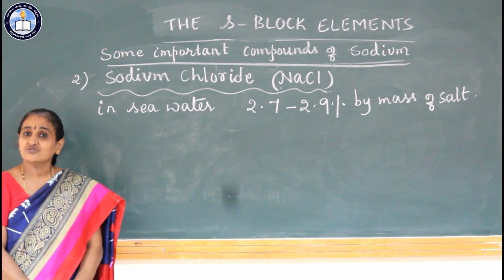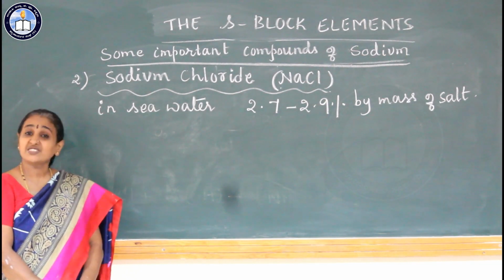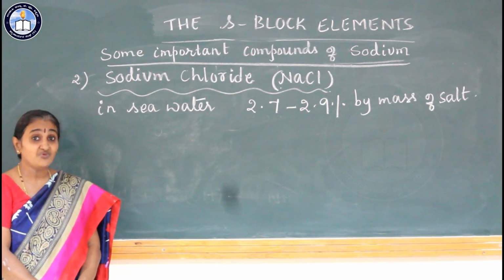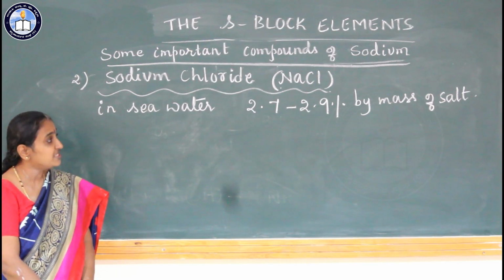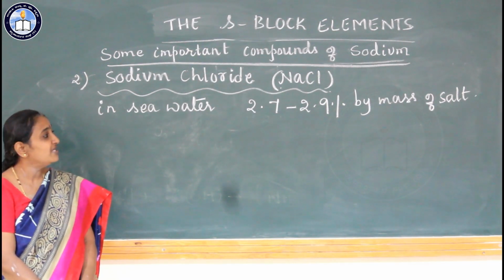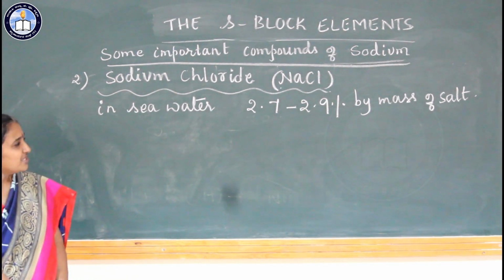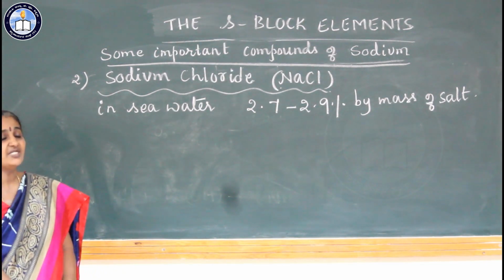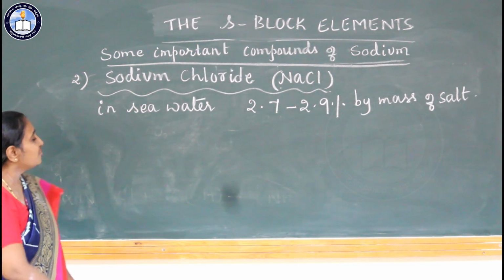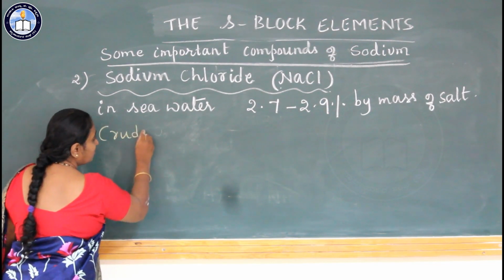We know that sodium chloride is present in seawater. The percentage of sodium chloride in seawater is between 2.7 to 2.9% by mass of the solid. When seawater is evaporated, it yields crude sodium chloride.